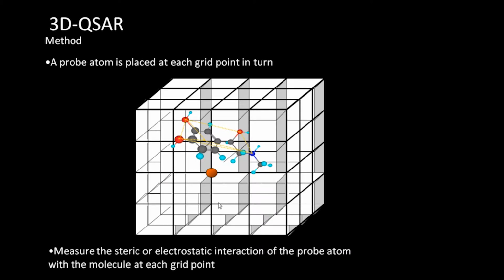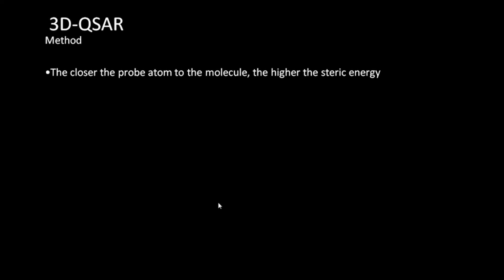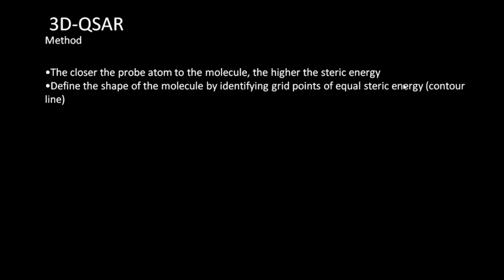So you place each of these molecules at the grid points. Obviously, the closer the probe atom is to the molecule, the higher the steric energy. So it defines the shape of the molecule by identifying grid points of equal steric energy, and you can get a contour line.